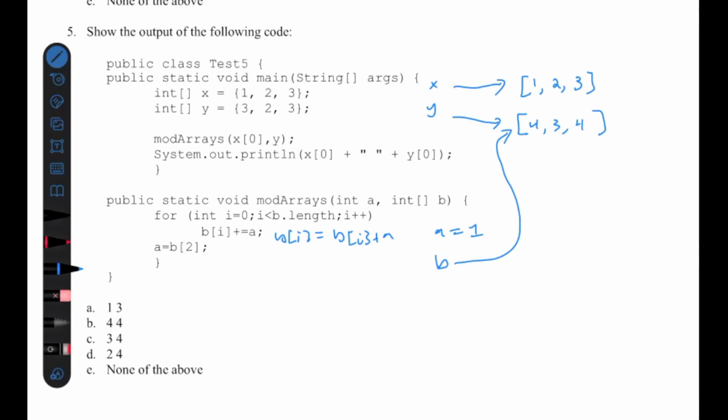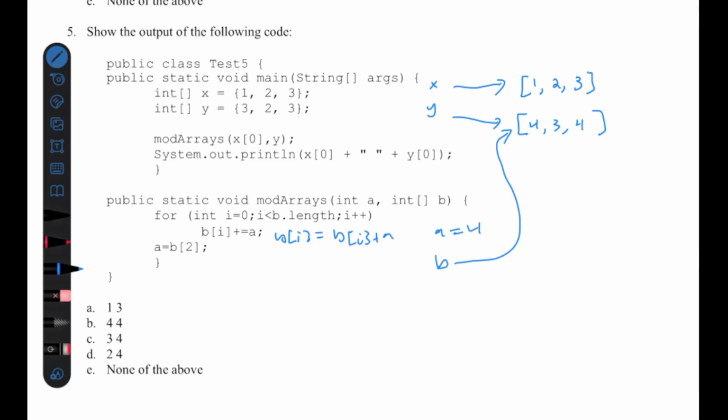And we set a equal to b at index 2. So a then becomes, and this is not really important, but a becomes 4. This indentation is a little annoying. The for loop does not have squiggly braces.